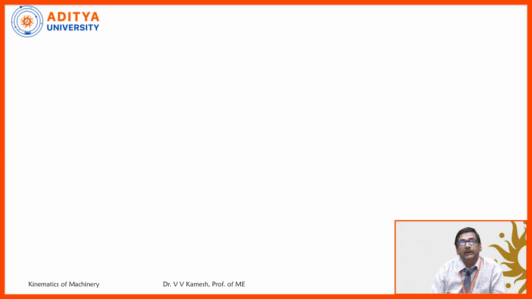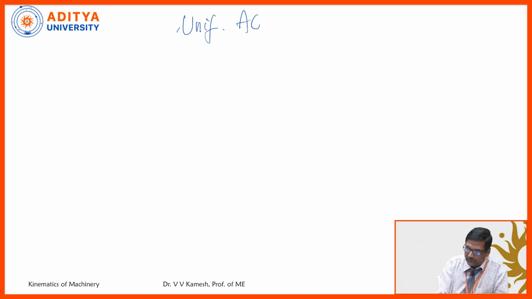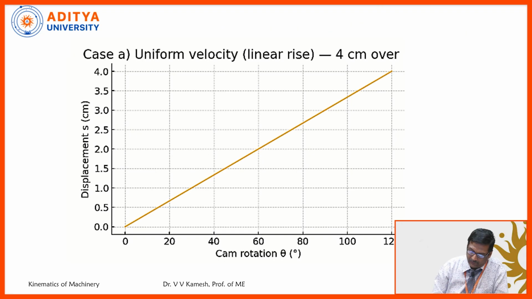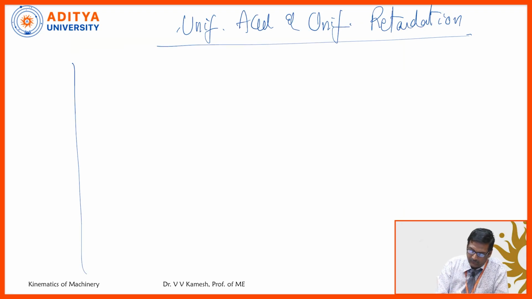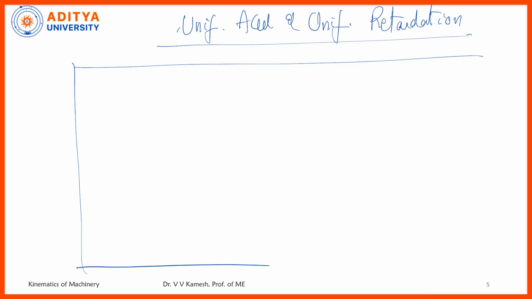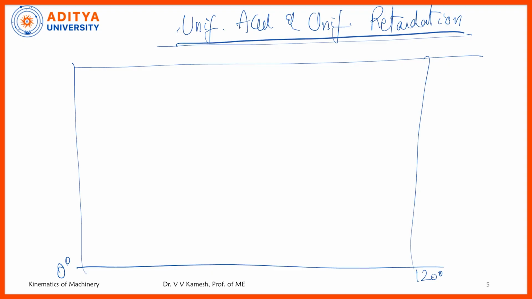Suppose the follower is following uniform acceleration and uniform retardation; there will be a slight difference. This is the rectangle which I have, from 0 degrees to 120 degrees. Now, the construction of the displacement diagram will be slightly modified, right?